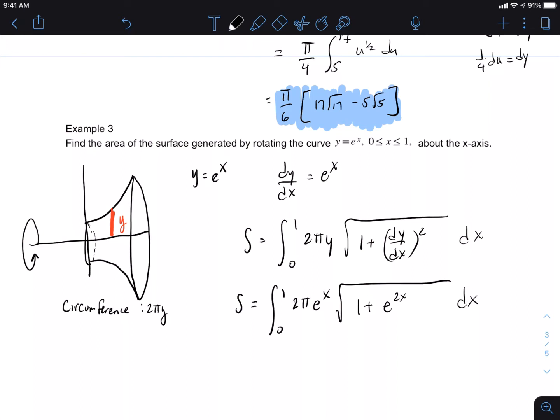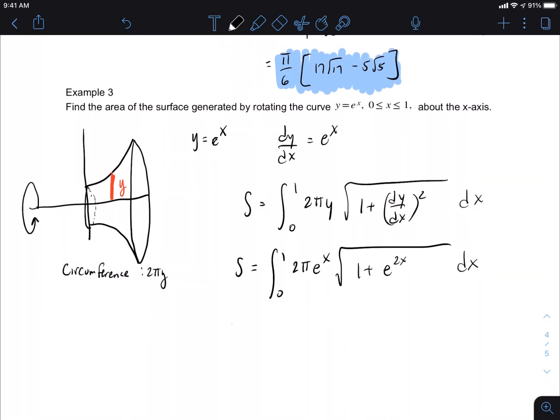Okay, so let's talk about this because now we should have the techniques to be able to solve this problem. I'll do the hard part. Ready? S equals the integral of 2 pi from 0 to 1 of e to the x root 1 plus e to the 2x dx. What should I do to make this problem easier for me?